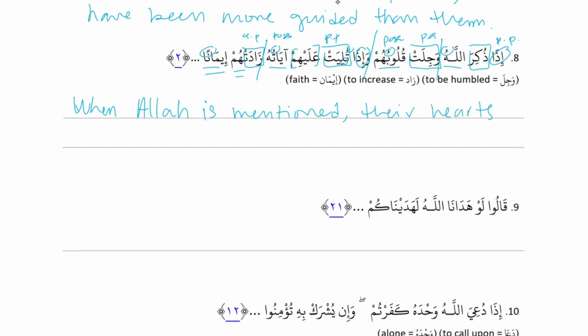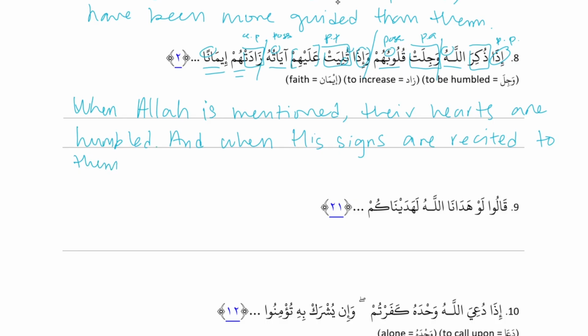When Allah is mentioned, their hearts are humbled. And when our subdoer was ayatuhu, when his signs are recited, because ida pushes it to the present. Another passive here. To them. Good.